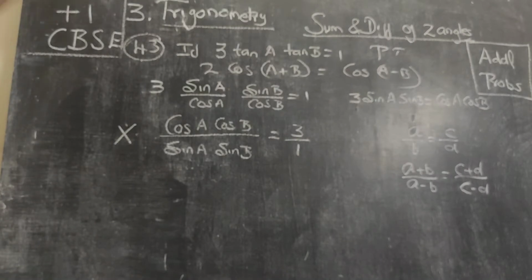In case you have not, please remember that this is the property of ratios. If A by B equal to C by D, I can very well say that A plus B by A minus B equal to C plus D by C minus D.